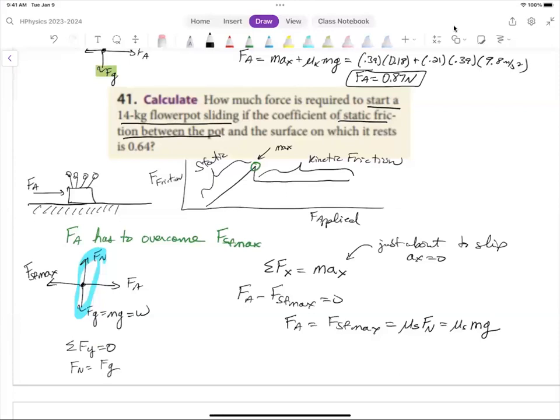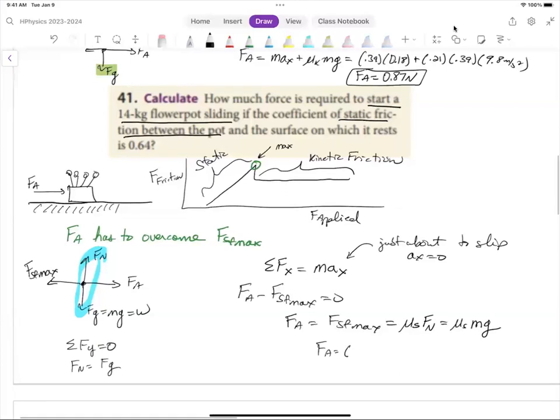So now I can plug in numbers. Force applied has to be equal to mu sub s times mass. Mu sub s, what do they give us as the value? Well, we forgot to put that up there, huh? Mu sub s equals 0.64. Mass equals 14 kilograms. 0.64 times 14 kilograms times 9.8 meters per second squared.